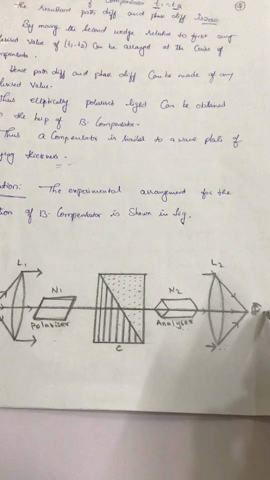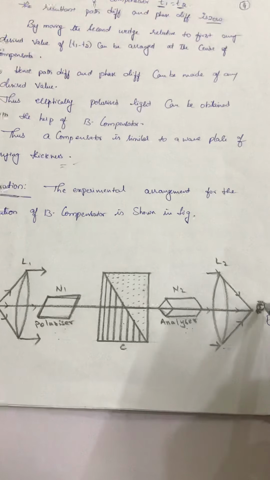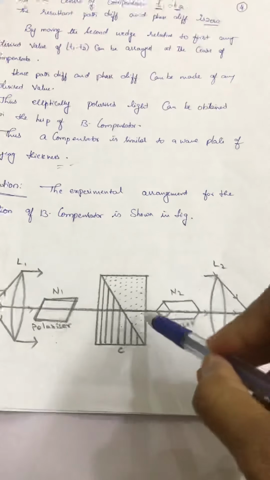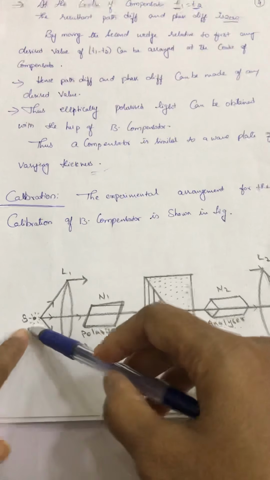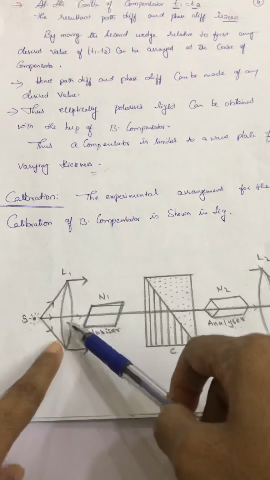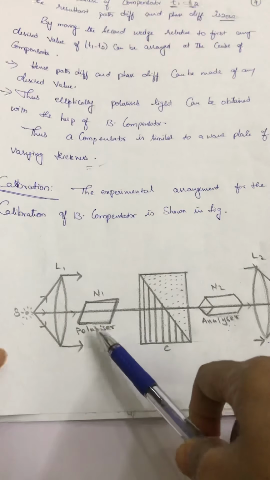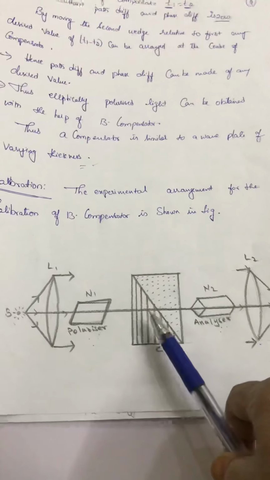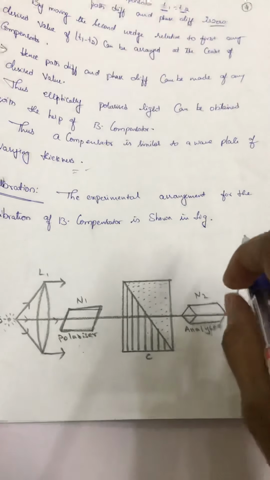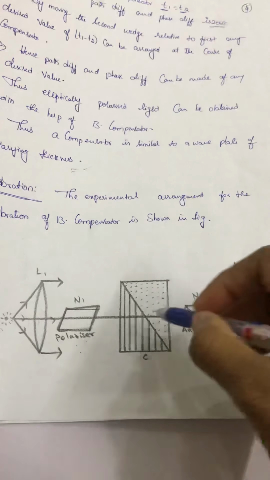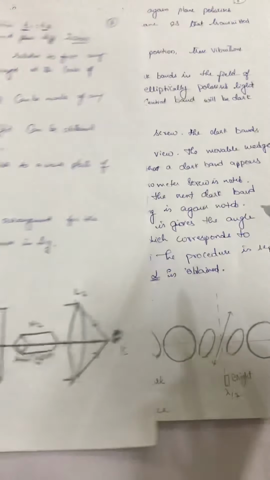After that, our telescope, that is eyepiece E, so through the telescope we can view the field here. Here, from the source the light falls on the lens first. After that it falls on the polarizer, then on the compensator. But here the nicol N2 analyzer is not exactly crossed but twisted somewhat. See, this is N1, N2, normally we have them crossed, but here it is somewhat rotated.